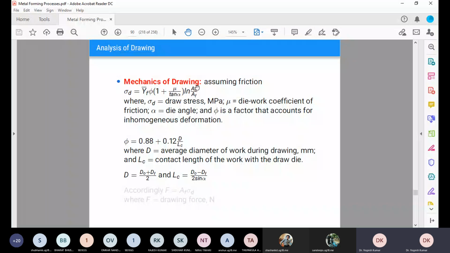I went through multiple books, but I was not able to find the exact derivation of these formulas. So we will remember these formulas, and if required, we can go through research papers which are available. Maybe the explanation of these formulas may be available in a few research papers by the authors who have developed these formulas.